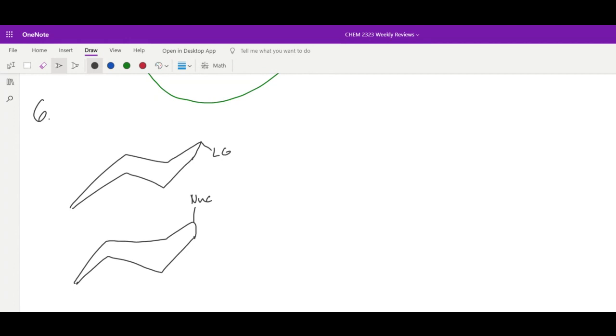If it's axial or equatorial pointing down, I'm going to put axial pointing up for my nucleophile, whenever I know for sure it's SN2. Now let's look at Fischer projection. I don't care where everything else is. Let's just go with this LG. All I have to do is flip it to the opposite side.